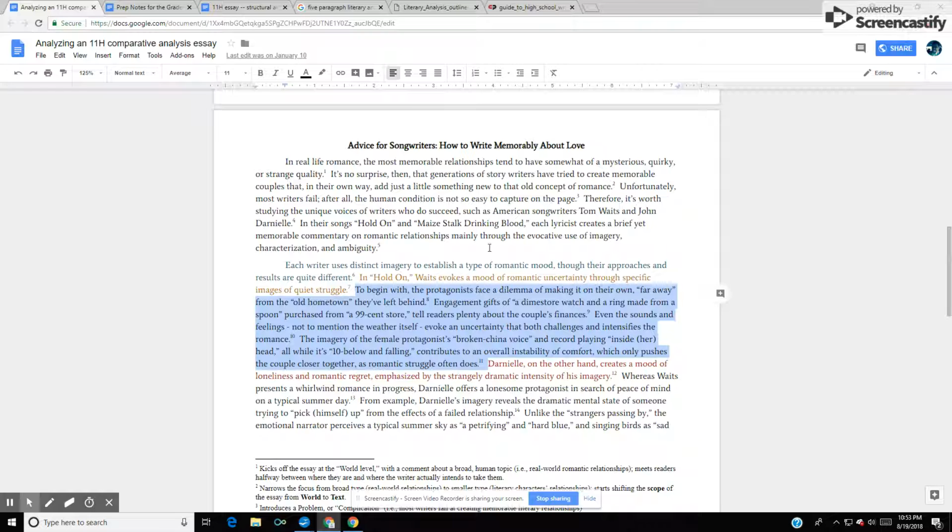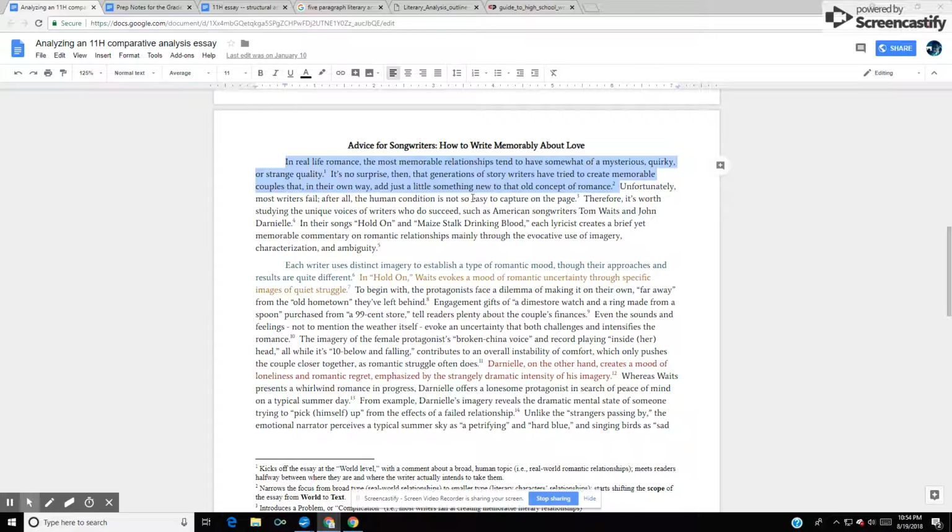Okay, so there's one other thing I wanted to point out. This is very similar in high school, where there's some sort of opening that is designed to bring readers out of their regular everyday thoughts and into the general vicinity of your topic.